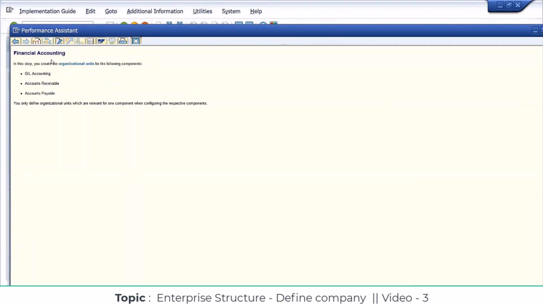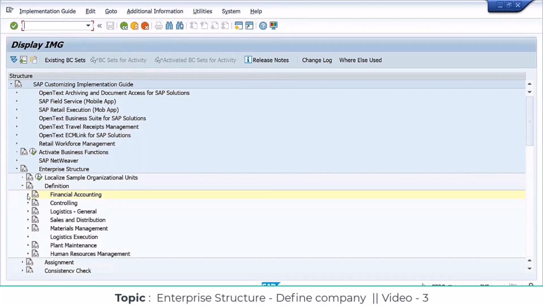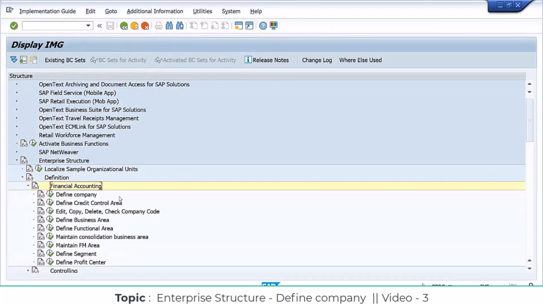They take care of GL accounting and account maintenance. That's what this team is going to be doing. Nothing more than that. Now if you get into this financial accounting, we have a lot of things. These are all what we call organizational units.